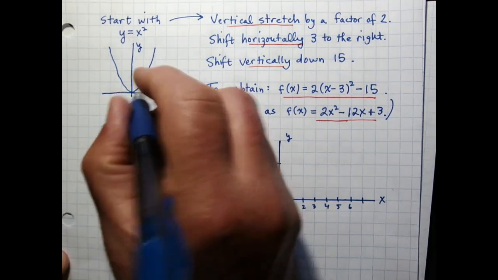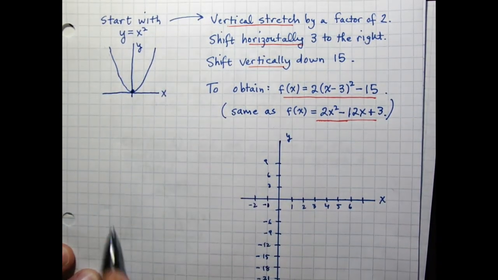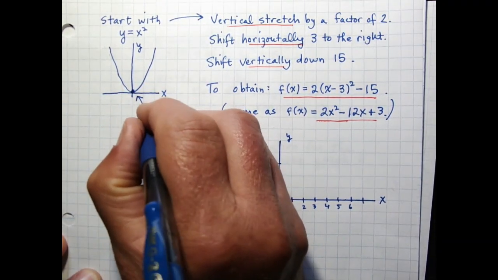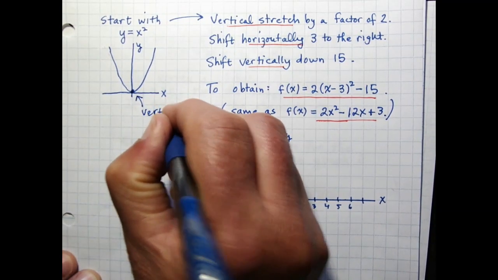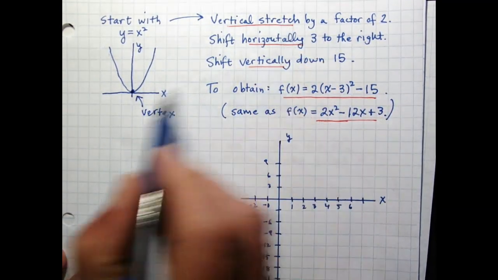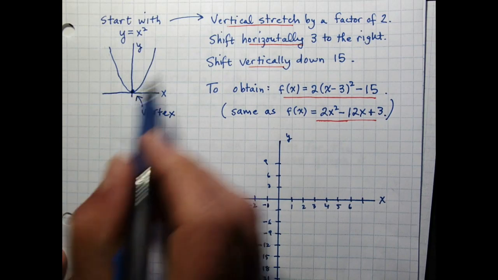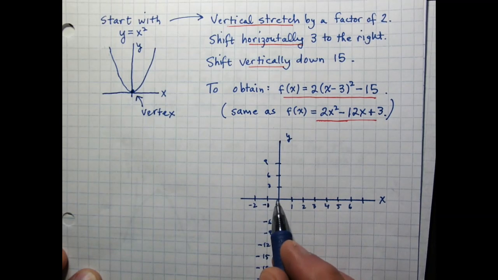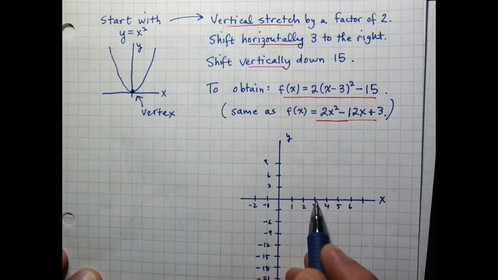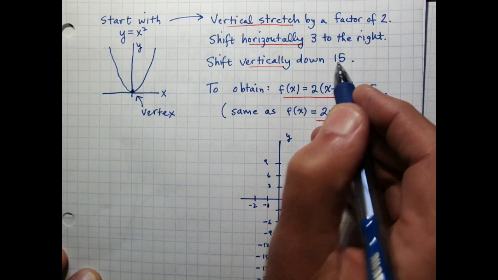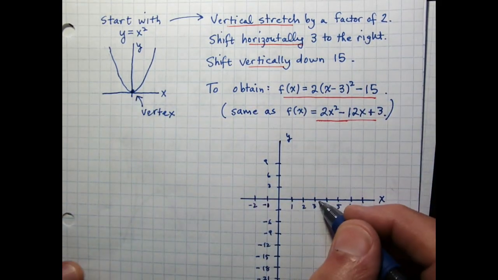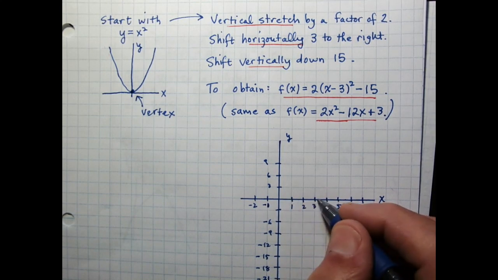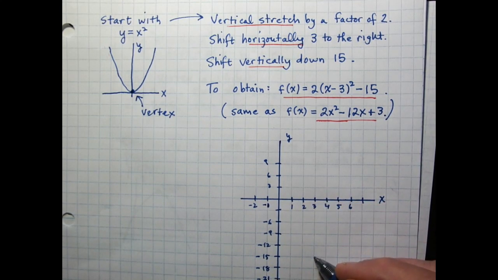Now, this initial point here is a point we call the vertex of the parabola, right? That turnaround point. And when we apply these transformations to the vertex, well, the vertical stretch doesn't move it. But the horizontal shift is going to shift it 3 units to the right. And the vertical shift is going to shift the vertex down 15 units. So the vertex is going to move 3 to the right, down 15 units.